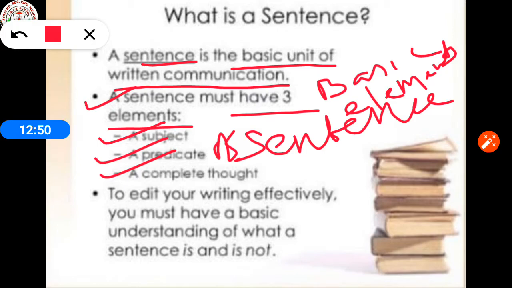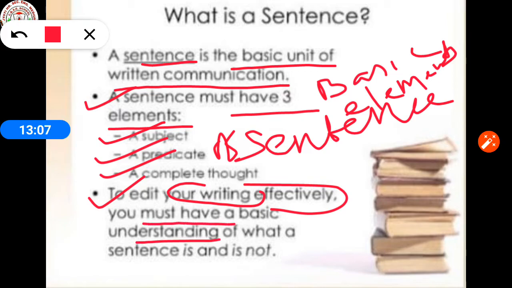They are the basic elements of a sentence, and from these we can edit our writing effectively. So you must have a basic understanding of what a sentence is and what a sentence is not.